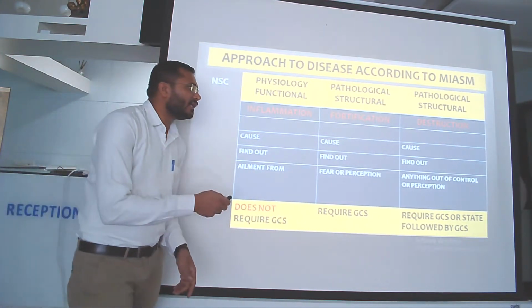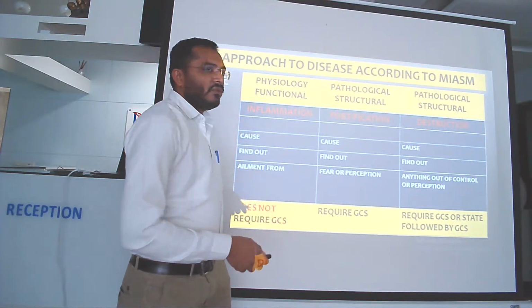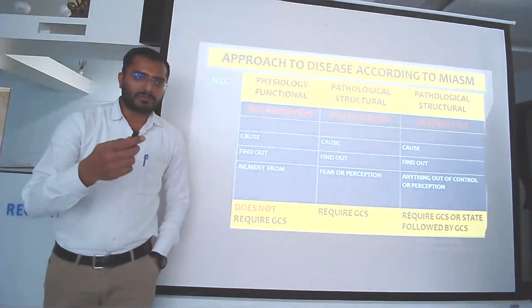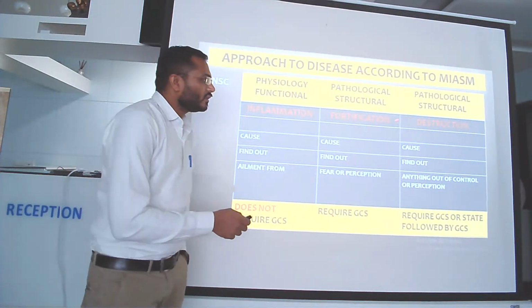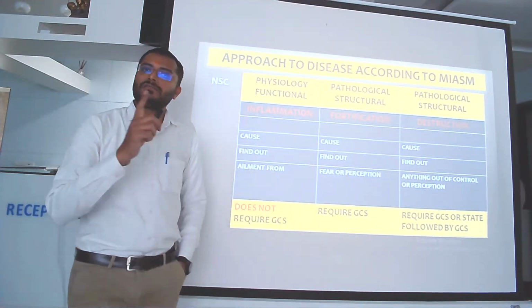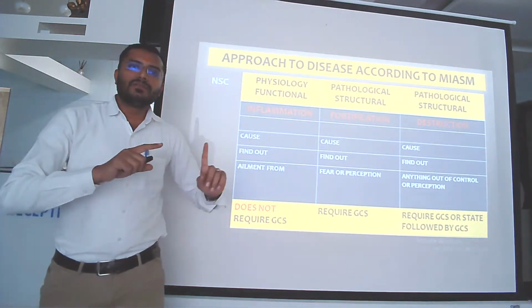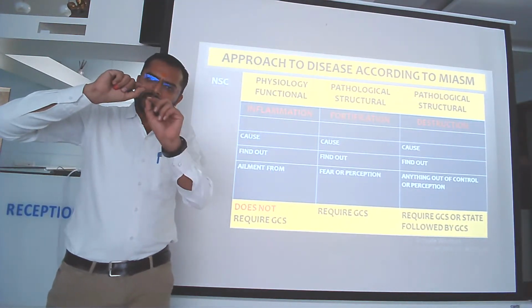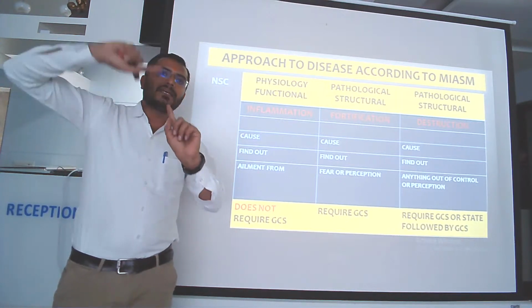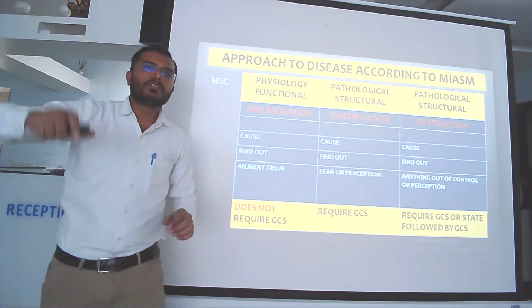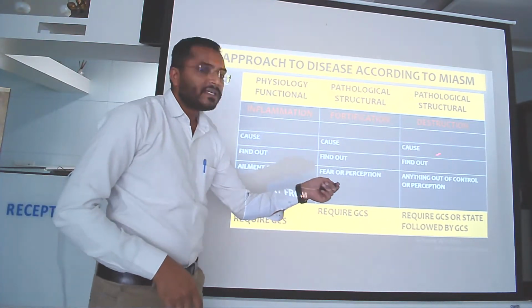Now the third point, the structural changes. Here, when the person goes out of control, the cause is again very important, because the starting point is normal physiology, and it goes to the point where control is lost. That was the causative point of these things.